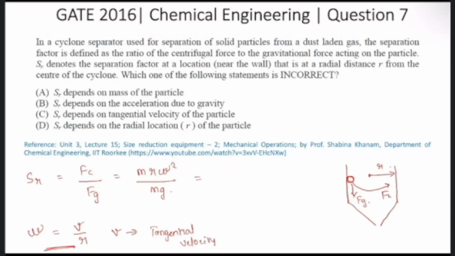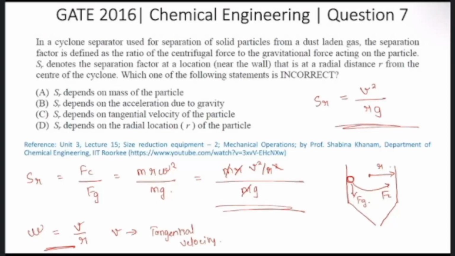So m r omega square will become m r into v square by r square, the whole by m g. Now in this equation, we can cancel out a lot of terms. So the m will get cancelled in the numerator and the denominator, and this r will also get cancelled once here. So the final equation for the separation factor SR will be equal to v square by r g.